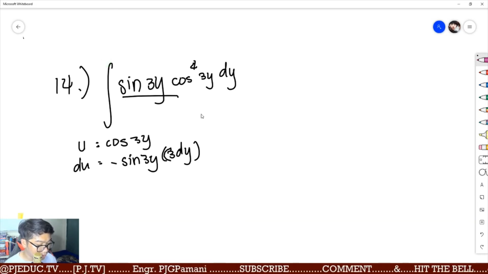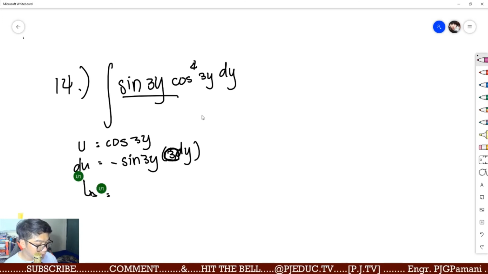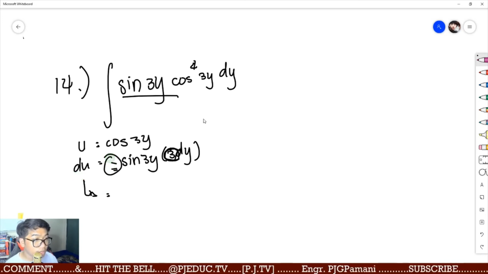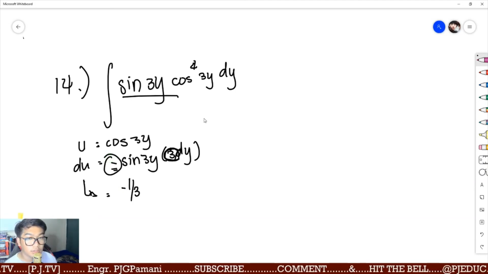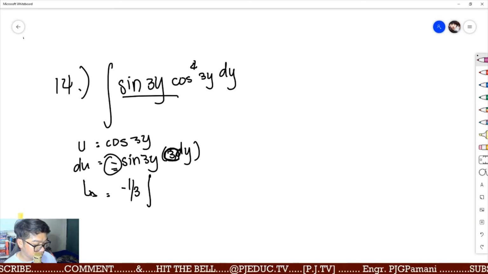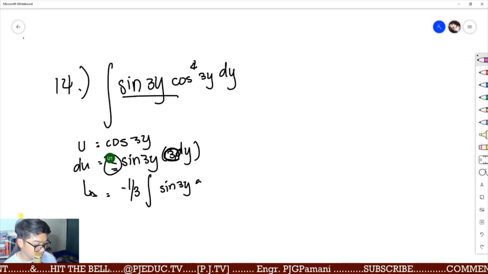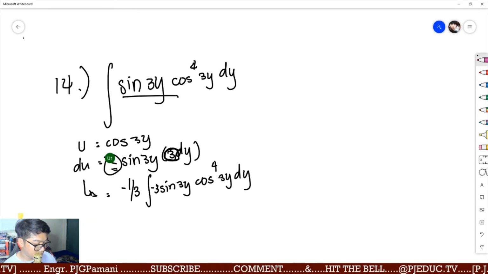In our integrand form, we already have sine 3y. But we don't have that constant 3. So that is why again, we'll need to introduce. Nawala rin yung ating negative. We'll need to introduce a correcting factor of negative 1/3. That is sine 3y cosine 4 3y dy negative 3. Matatanggal na yan.